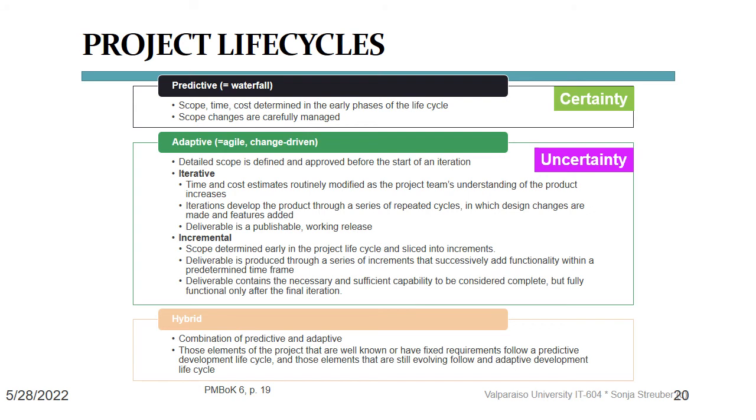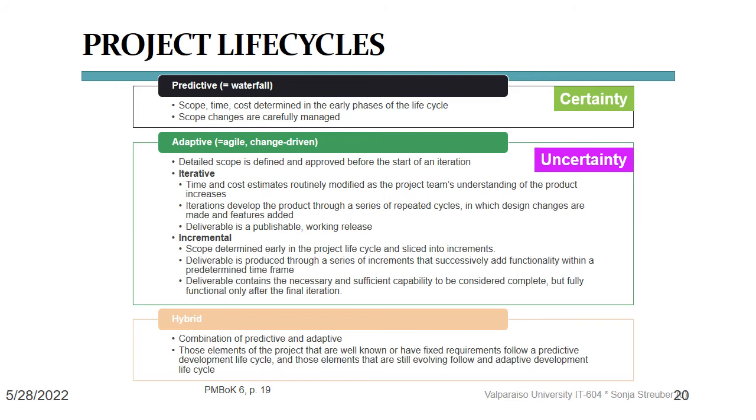Learning comes from both the development and use of the system, where possible key steps in the process start with a simple implementation of a subset of the software requirements and iteratively enhance the evolving versions until the full system is implemented. At each iteration, design modifications are made and new functional capabilities are added. Again, this is the adaptive nature of the Agile model.